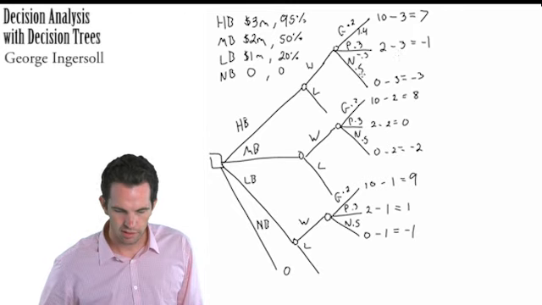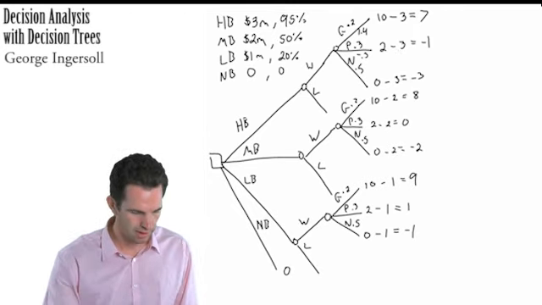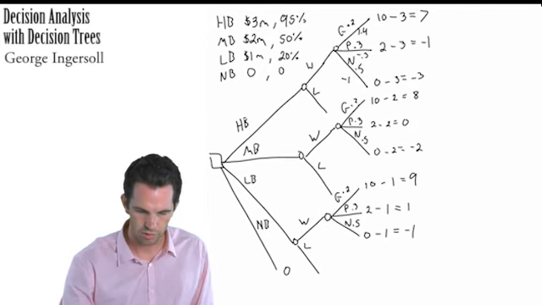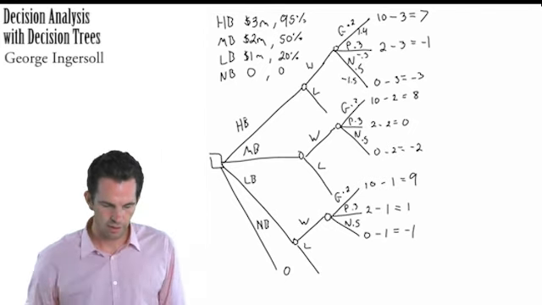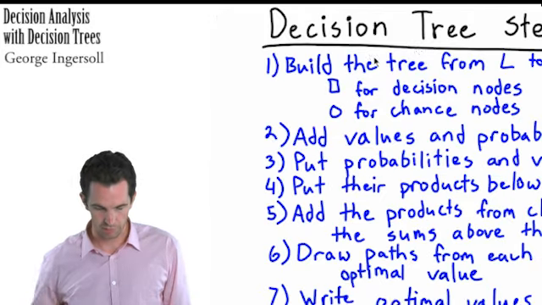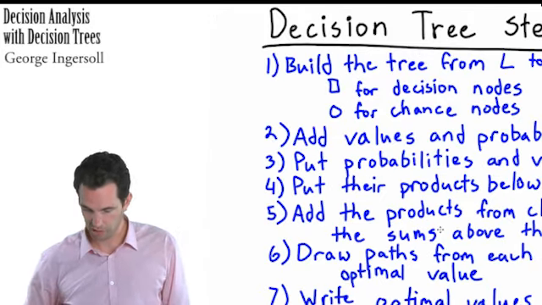And you might not be able to tell, but that says 0.5 times negative 3 is going to be equal to negative 1.5. All right, now we can add these up. We have 1.4. That was my next step, if you'll remember. Add the products from the chance lines and put the sums above the chance nodes.